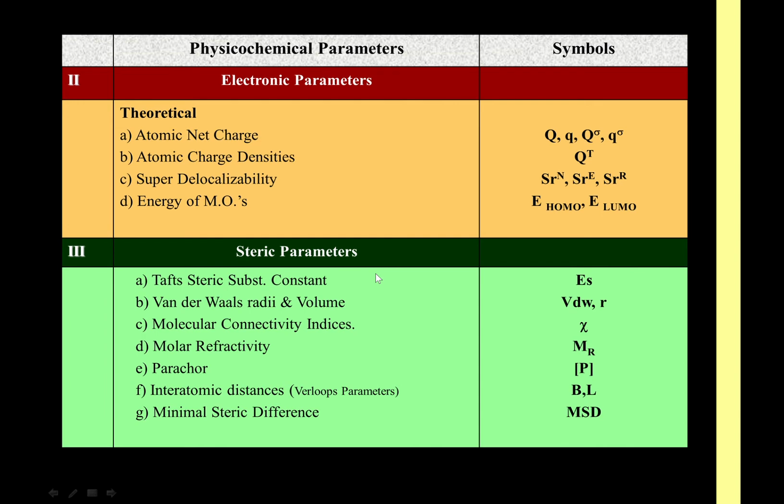For steric parameters, you have the Taft substituent constant. You will see it in detail. We have van der Waals radii and volumes, and molecular connectivity indices. These can be calculated. Molar refractivity can be determined experimentally. Parachor can be determined experimentally. Interatomic distances can be found through computer models, and minimal steric difference can be calculated.